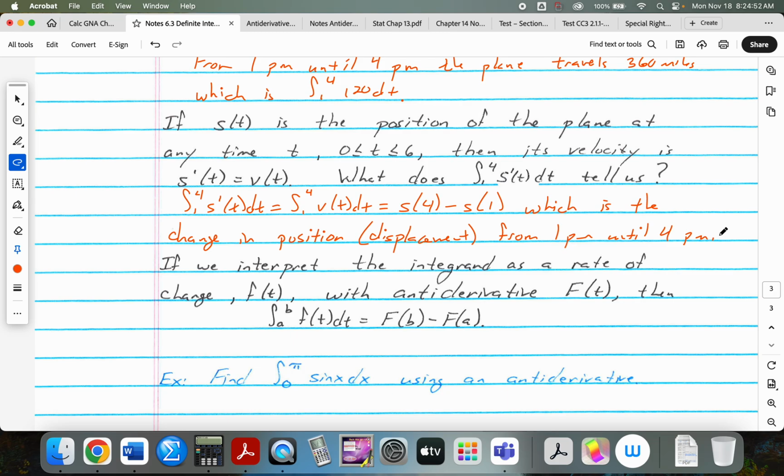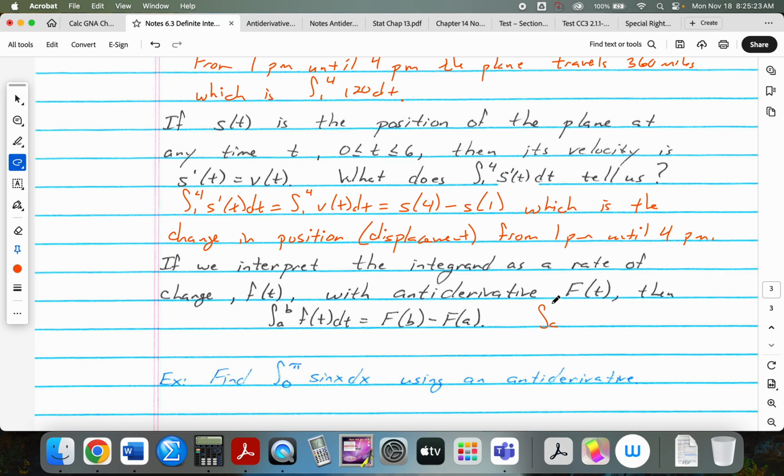Now, this is a physics example, but it's much broader than that, as it turns out. So if we interpret the integrand, remember that's what we're taking the integral of, as a rate of change, f of t, with antiderivative, capital F of t, then the integral from a to b of f of t dt is capital F of b minus capital F of a. I prefer to think of it this way.